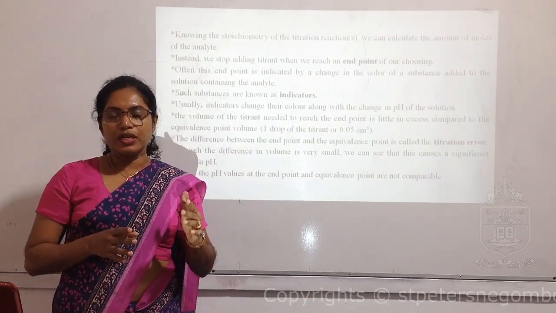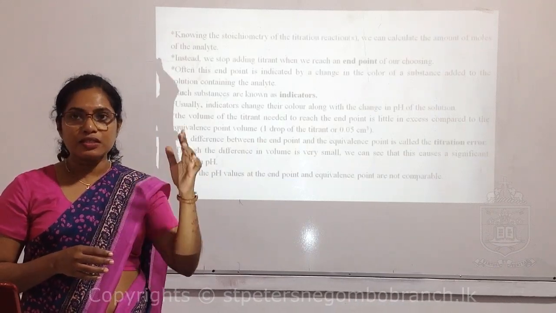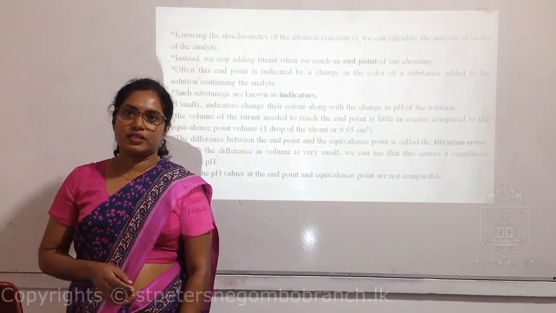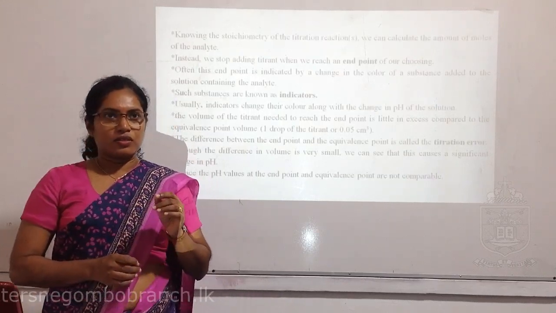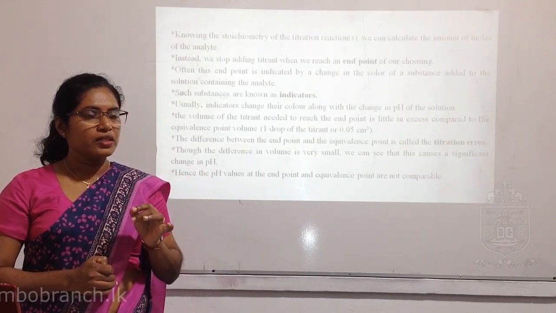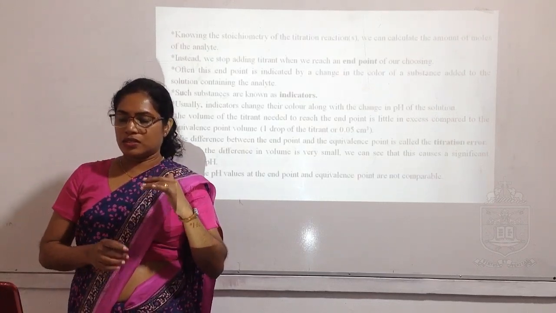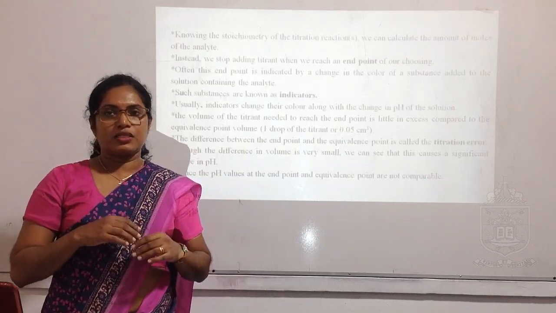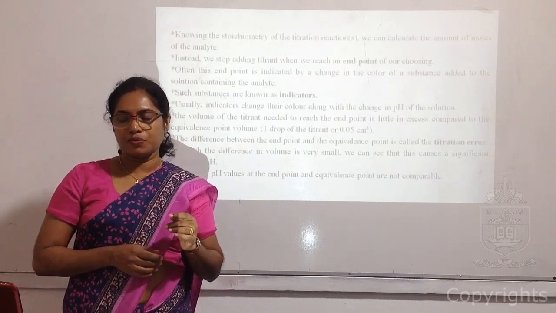But the end point is the point where we stop adding titrant to the analyte. So there are 2 points, because we cannot find the equivalence point. Always the end point is in excess of the equivalence point.